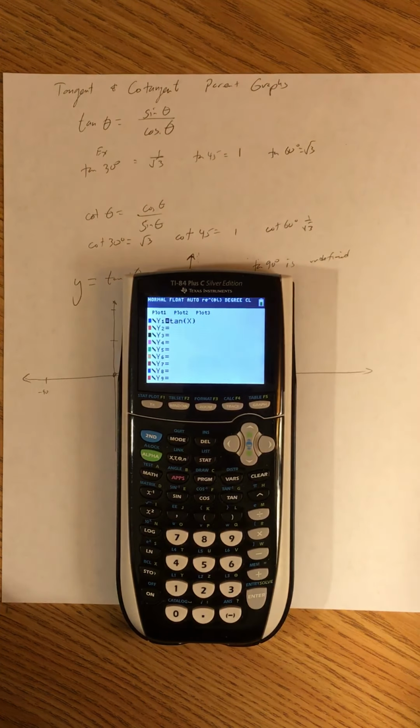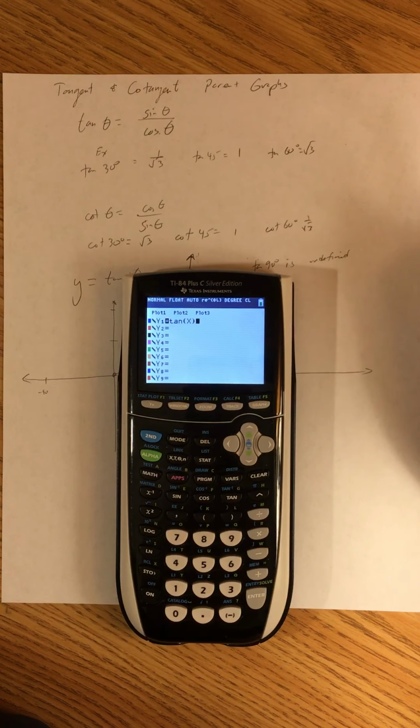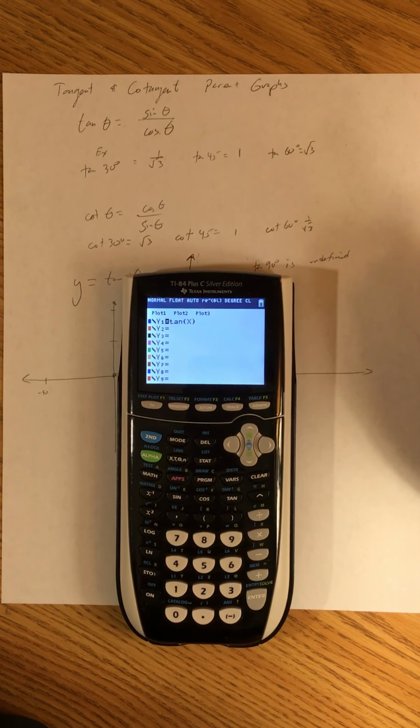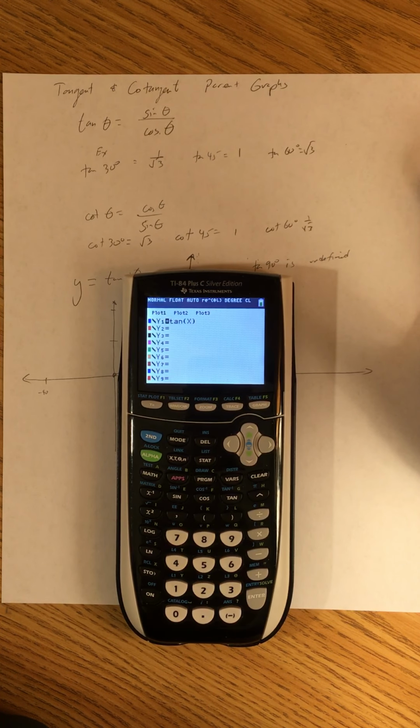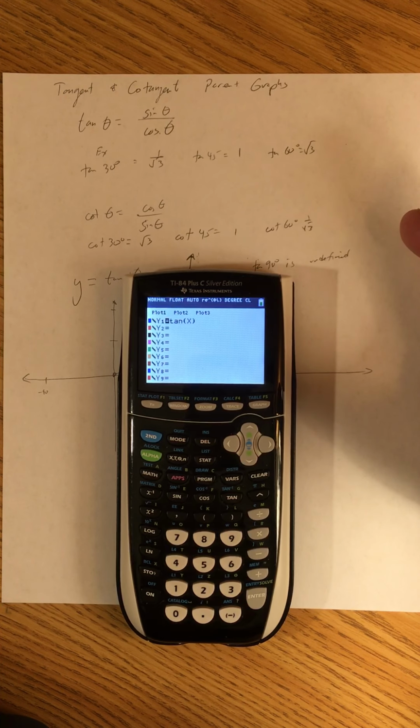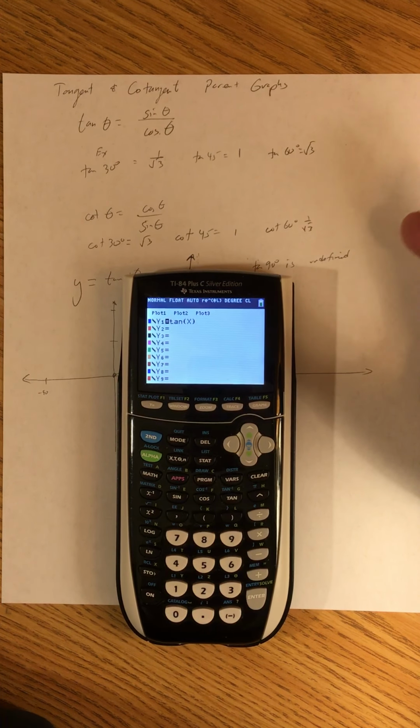Sometimes I write tan theta, sometimes I write tan x. It doesn't really make any difference. Our book uses only radians, but the pre-calculus book uses degrees and radians. Whenever you're in degrees, you use theta. Whenever you're in radians, you use x. For us, it doesn't make any difference.